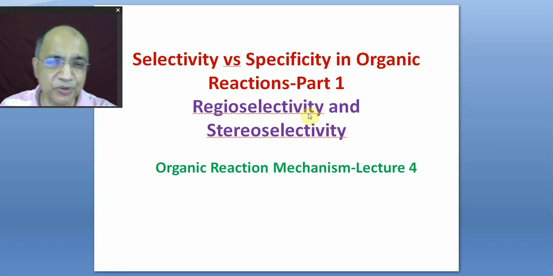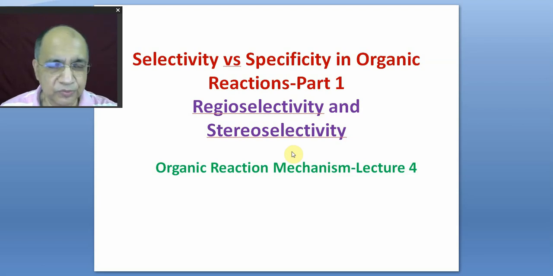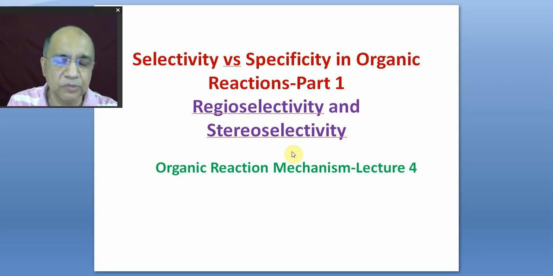Often there is a confusion, and many have asked me particularly what is the difference between stereoselectivity and stereospecificity. Can they be used interchangeably, or are you restricted to use one for one case and the other for the other case? Let's start.